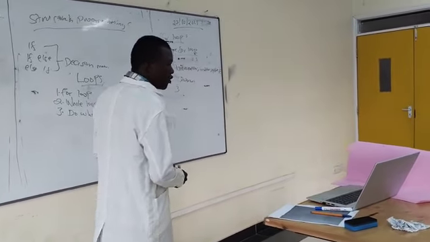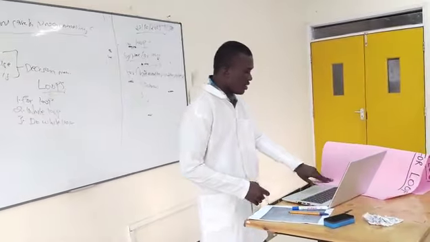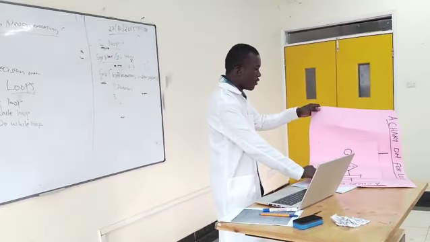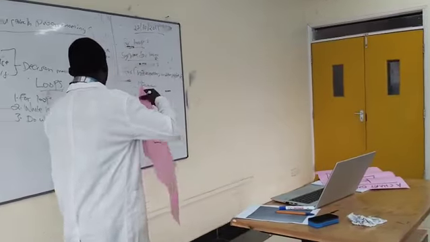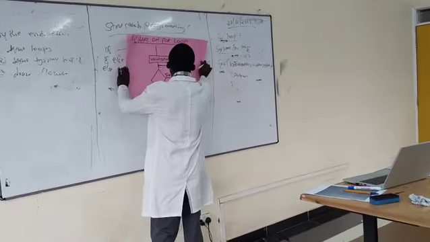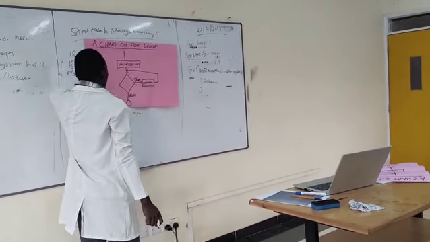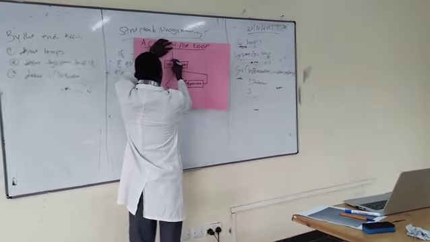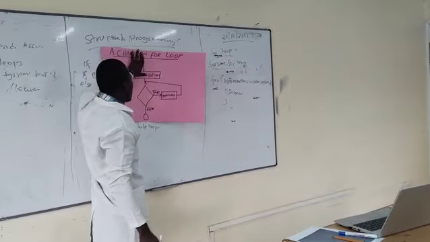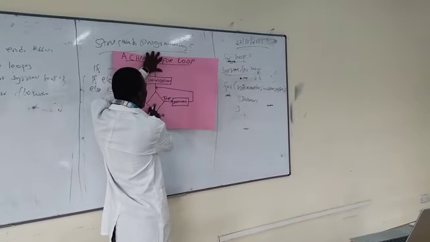So when we come to the for loop, let me show you a demonstration of the for loop. Can everyone see it? So we have an arrow where we have initialization, then the condition is checked.